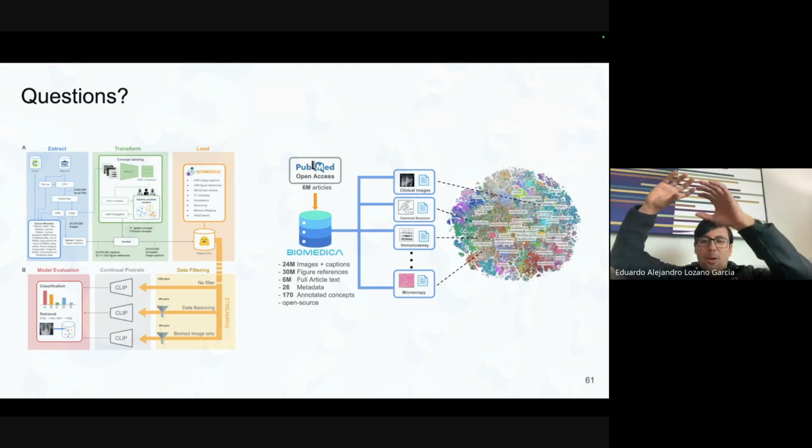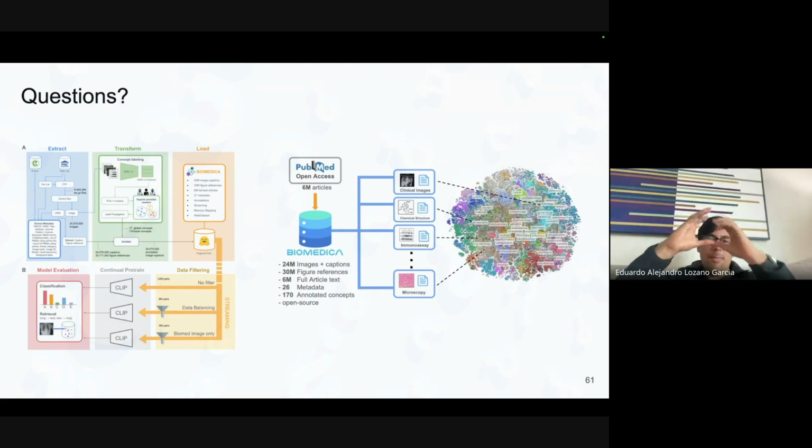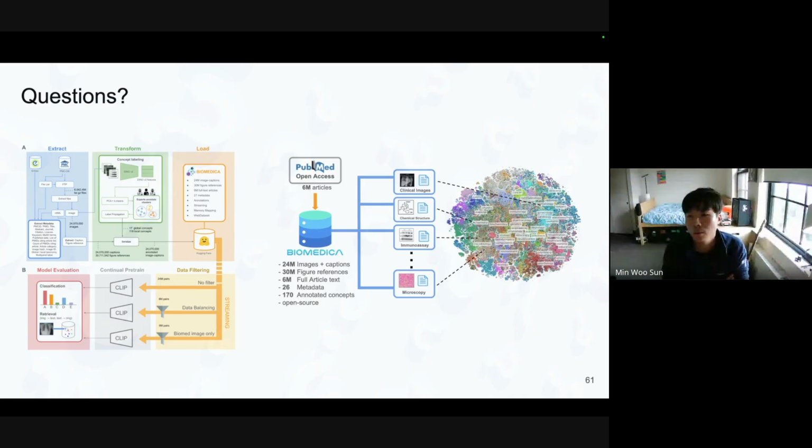But I think there's still a middle step that we have to explore as a community, and that is we need to also scale our evaluations, right? We do this by collecting multiple sources across different hospitals, across different parts of the world, and evaluating how the model really performs at that stage.